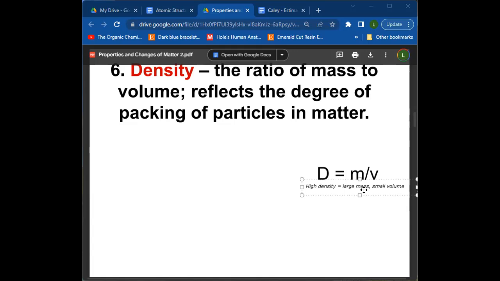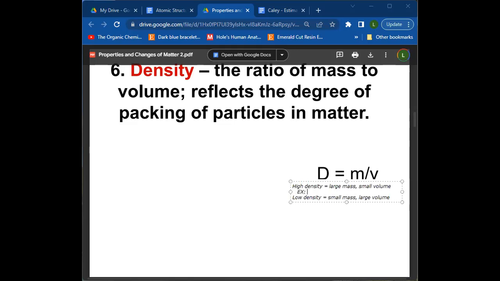And then things with low density have a small mass but a large volume. The particles are not very heavy, but they take up a huge amount of space.